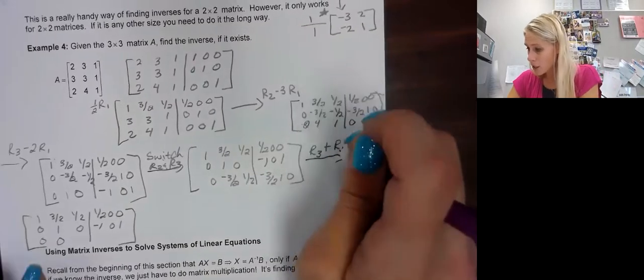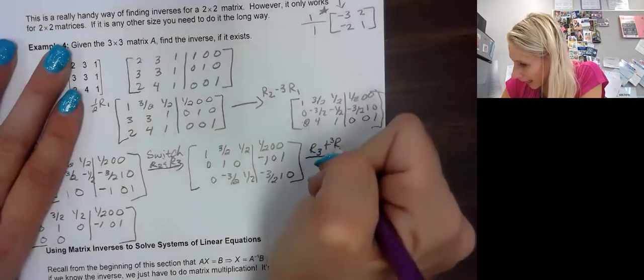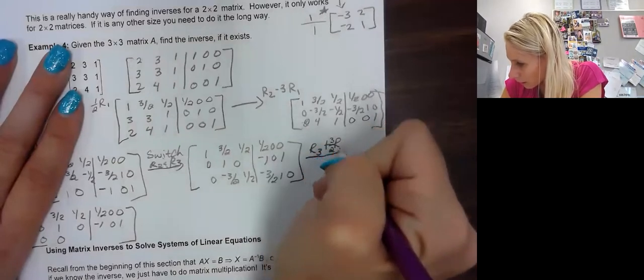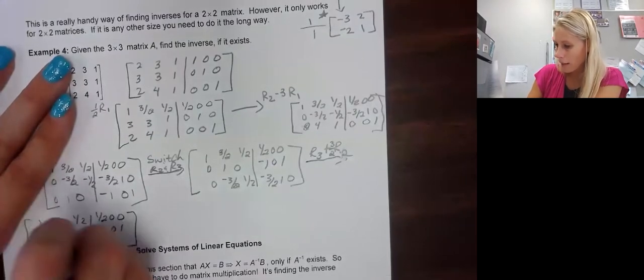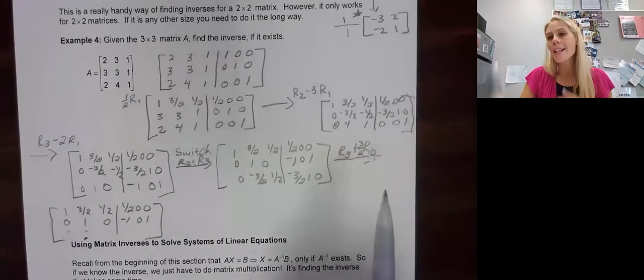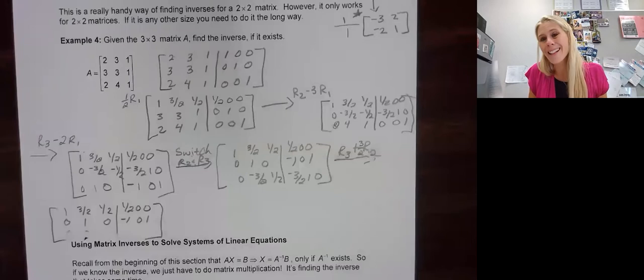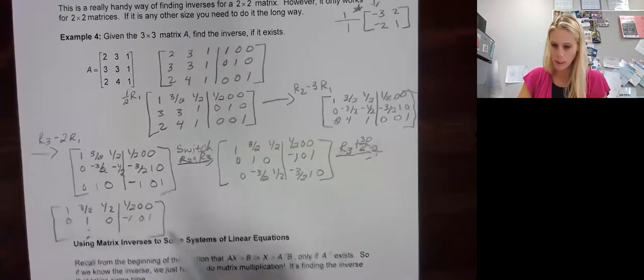What I have to do is add it to row 2. And that is where I come into this 0 here. Does everyone understand? I'm going to say that again. I could not add it to row 3 and row 1, because I would now have a 1 in the spot, but I don't want a 1 in the spot. I like the 0 in that spot.